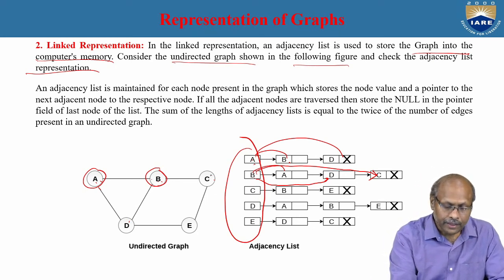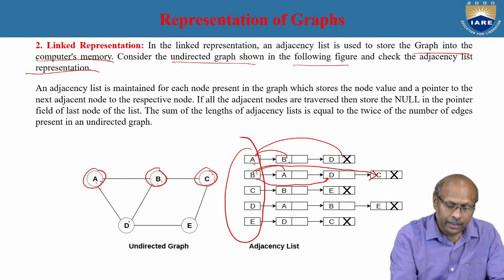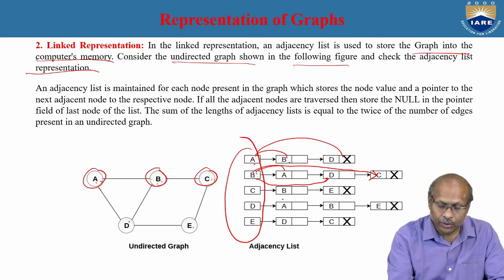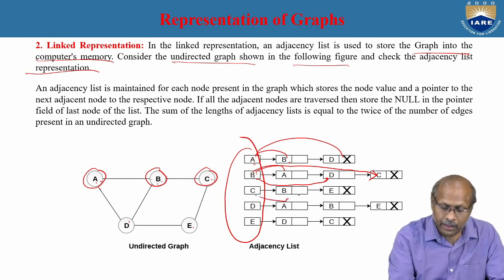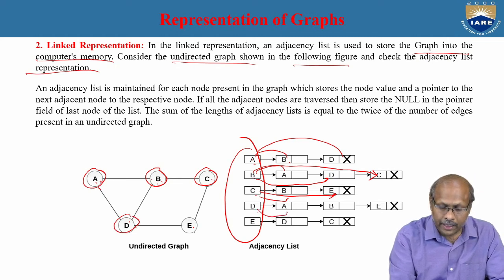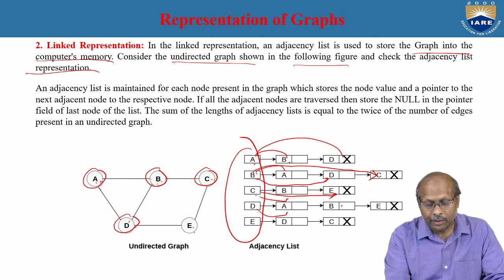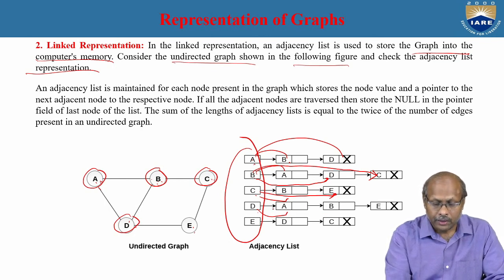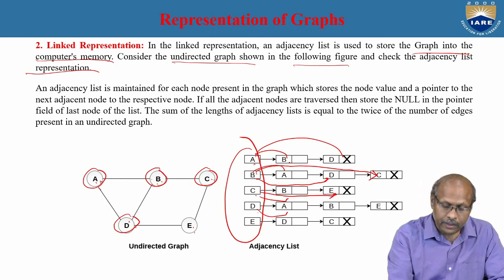Similarly, C is linked with B and C is linked with E. D is linked with A as well as D is linked with B. Don't assume that A is linked with B, there is no such concept, because here you have the source nodes and the linked nodes.